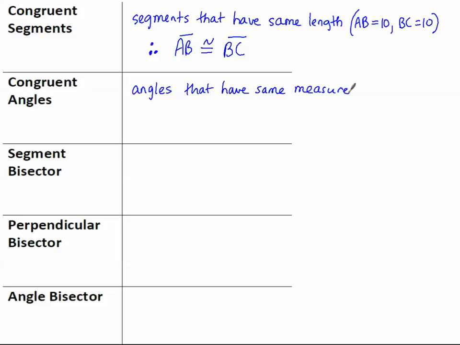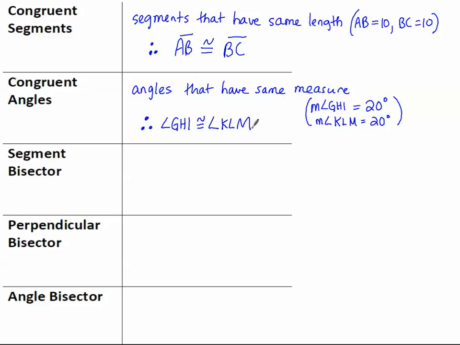So we might say the measure of angle GHI equals 20 degrees, and the measure of angle KLM also equals 20 degrees. That's telling us they have the same measure. How we can write it then is that angle GHI is congruent to angle KLM.